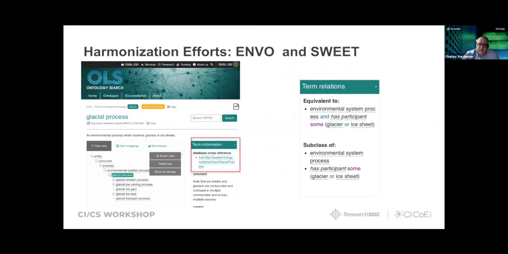It has a participant, and that's either a glacier or an ice sheet. So now you know that there's a process that has things that participate in it, and for this particular process those things have to be either a glacier or an ice sheet. So you've made it even more constrained so that a machine has a better understanding of what you actually mean by the term.